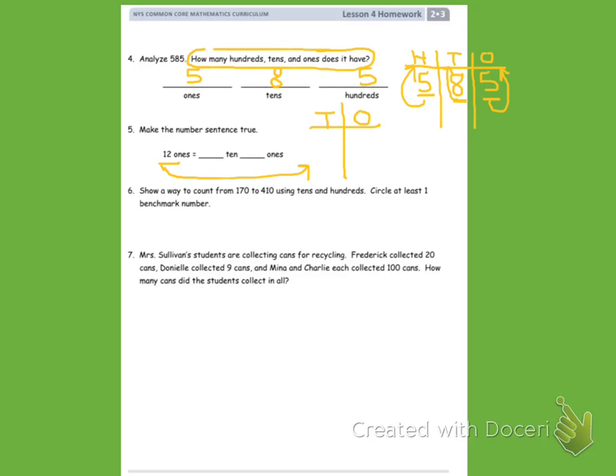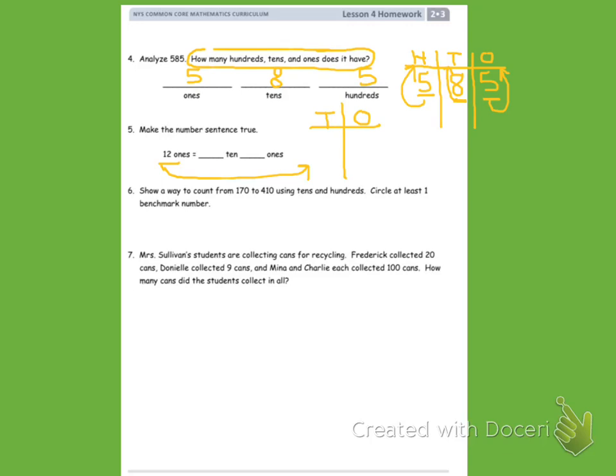Question 6 says, show a way to count from 170 to 410 using tens and hundreds. Circle at least one benchmark number. This skill was learned in Lesson 3. It's important for us to underline the important details.